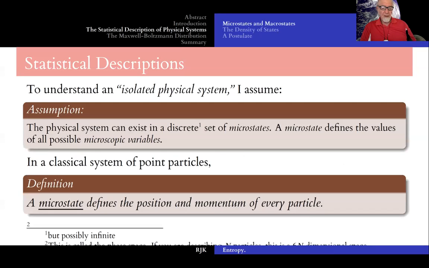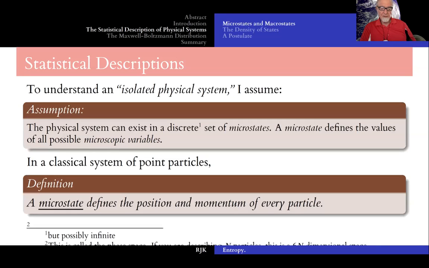So, an isolated physical system. A physical system exists in a discrete set of microstates, possibly infinite, but discrete. So a microstate defines the values of all possible microscopic variables.